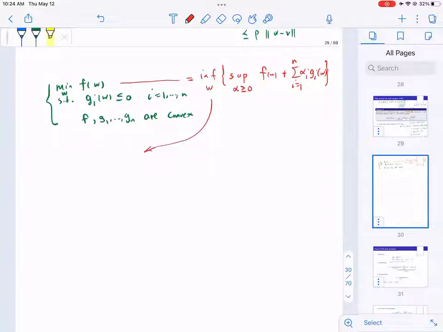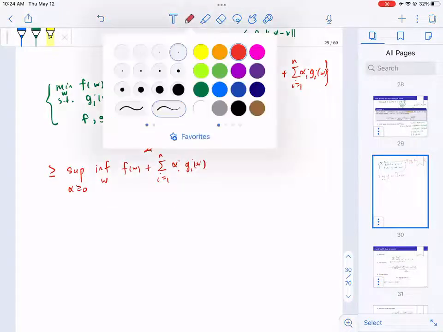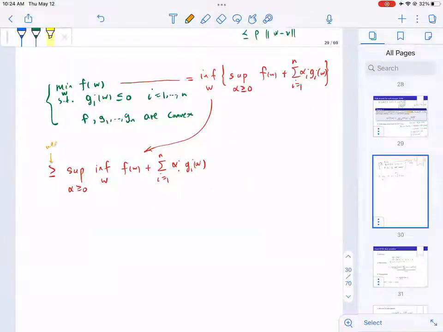Okay, and then it's not hard to see that this is lower bounded by, if I interchange the sup and inf, I get a lower bound. This is called weak duality. This always holds: inf sup is bigger than sup inf.